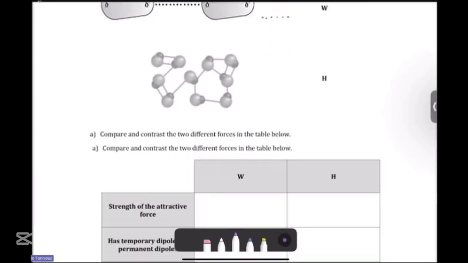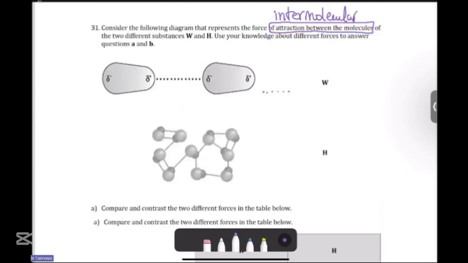Okay, so let's first look at this one. The first one is a dipole-dipole interaction. Let me see.